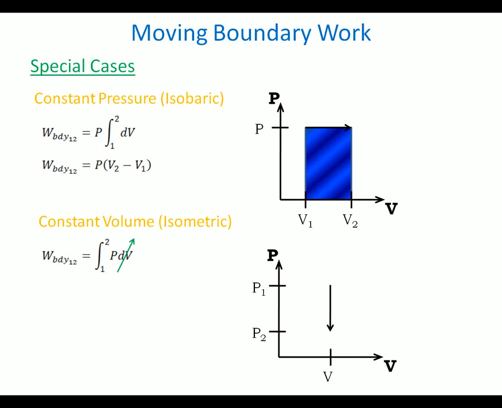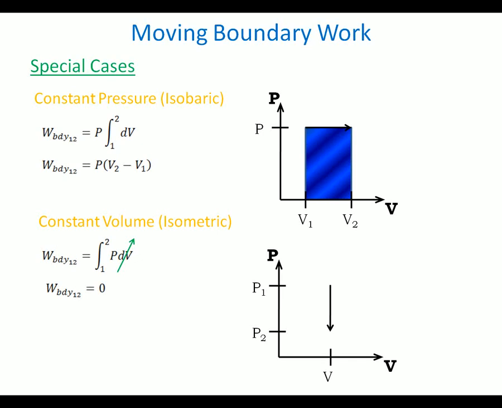If the volume never changes, then moving boundary work from 1 to 2 is equal to 0. That makes sense by looking at the picture, because the integral from calculus is the area under a curve, and here the area under our curve is 0. There is no area because the volume never changed.